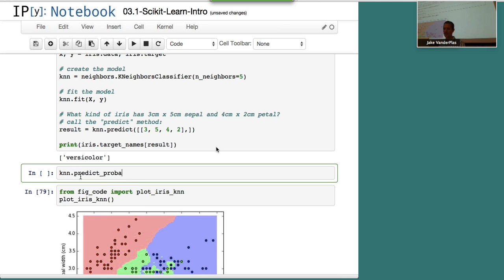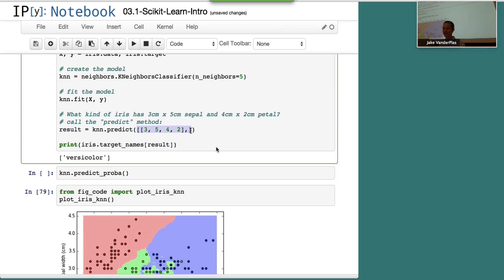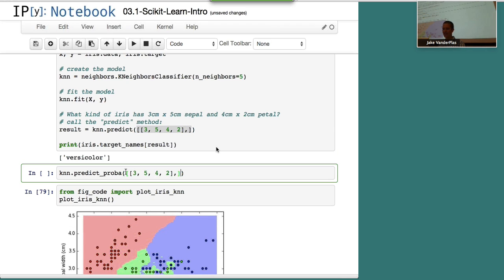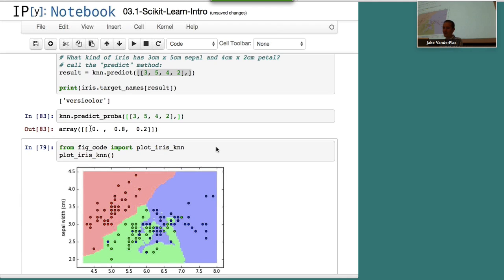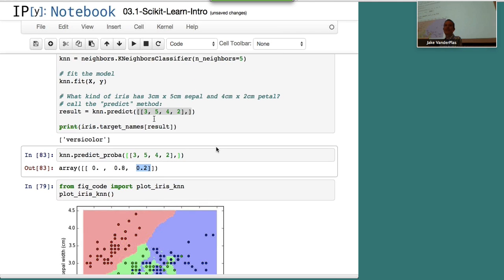Yeah, so there's this predict_proba method. So that's predict probability, and let's look at this one. Given this model, it says the probability is 0% that it's the first species, 80% that it's the second, and 20% that it's the third. So this will work, some estimators have this, depending on what's going on internally. Some can handle probabilistic prediction and some can't.